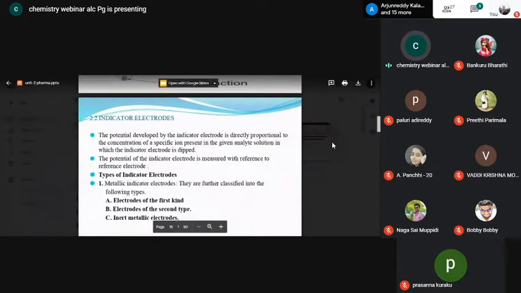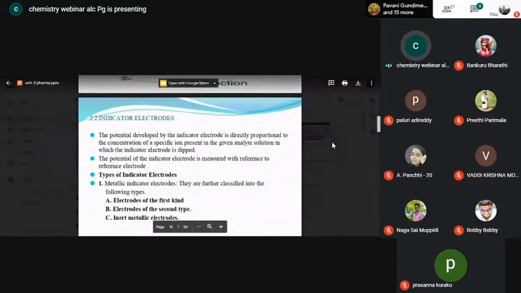When we switch on the instrument, one potential reading is displayed in the display unit of the potentiometer. That reading is directly proportional to the concentration of copper ions present in the unknown copper sulfate solution which we have taken in the beaker.